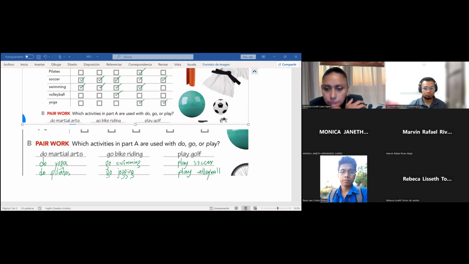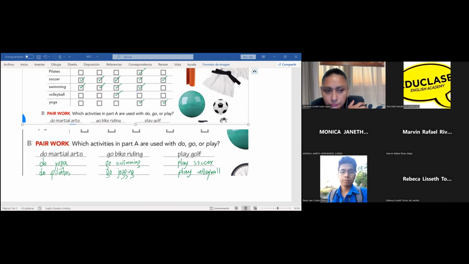Vocabulary: play, go and do, drag and drop. Which column does each sport fit in?